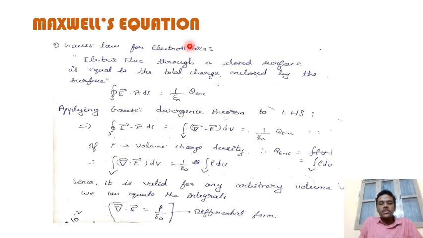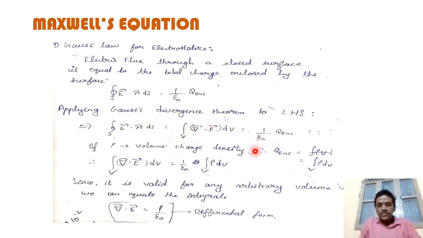Next, Maxwell's equations. Maxwell's four equations: the first equation is derived from Gauss law of electrostatics. Gauss law of electrostatics states that the electric flux through a closed surface is equal to the total charge enclosed by the surface. Applying the Gauss divergence theorem, the surface integral can be converted into a volume integral as given below.